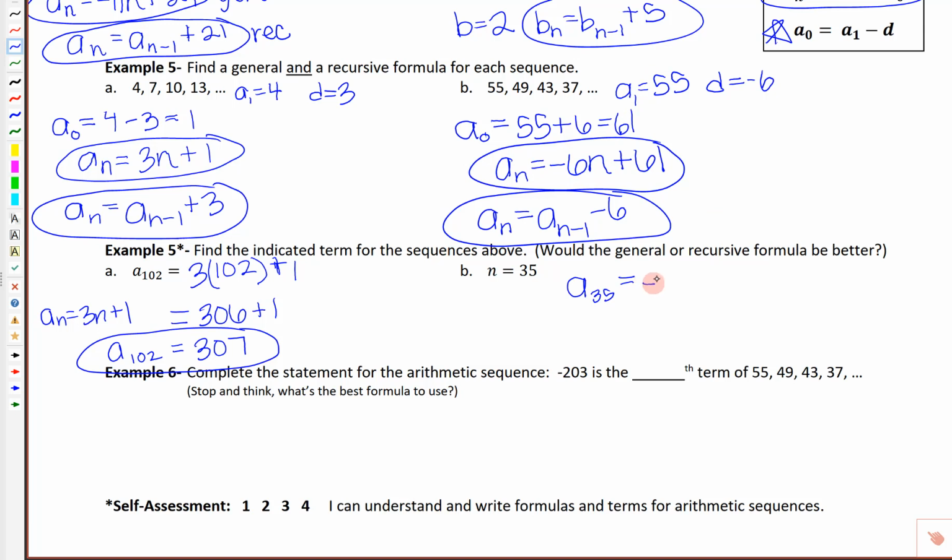So we're going to say negative 6, and for n we're going to plug in 35, plus 61. Okay, negative 6 times 35 is negative 210 plus 61. And we get that the 35th term, negative 210 plus 61, is negative 149.